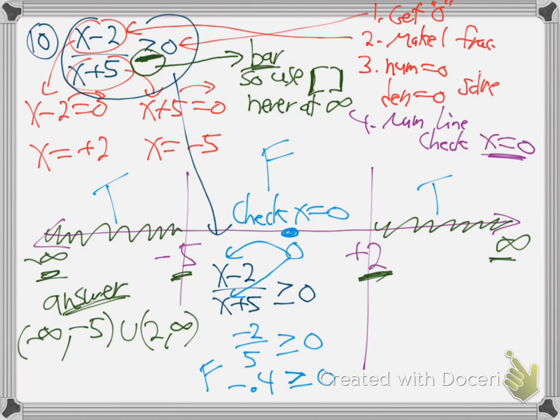When you have the bar, when you're equal, you're straight on a number. So that's why the bracket is used whenever we have a bar, because a bar means equals, means you're right on the number. So I'm going to use the bracket, but you're never right on infinity. So I'm not going to put a bracket next to infinity. But I'm going to put a bracket next to this negative 5, and I'm going to put a bracket next to this 2. But I'm going to make one more change.